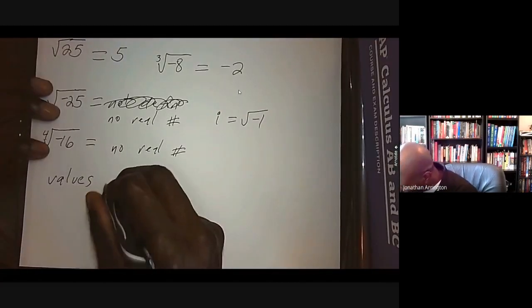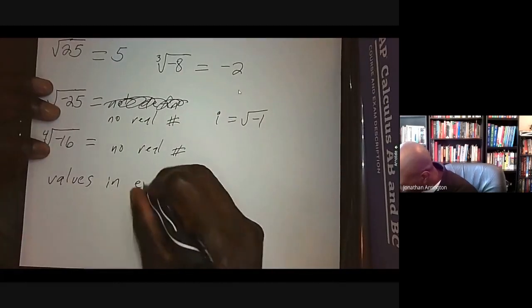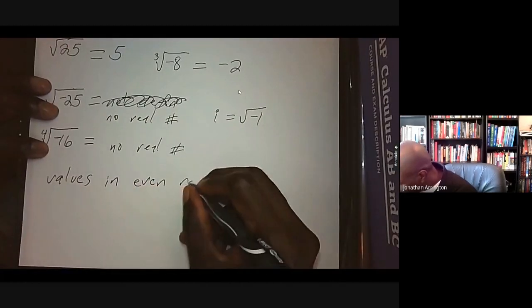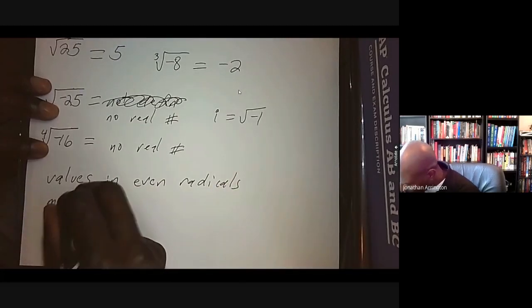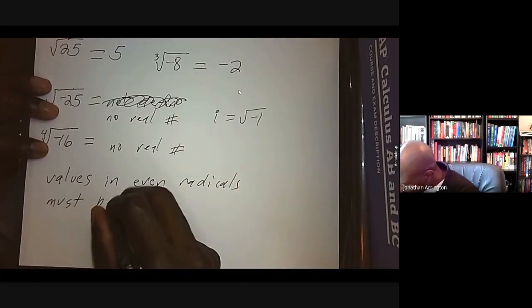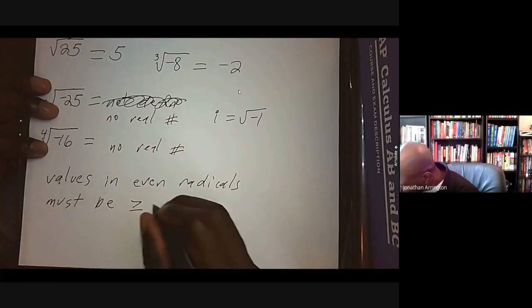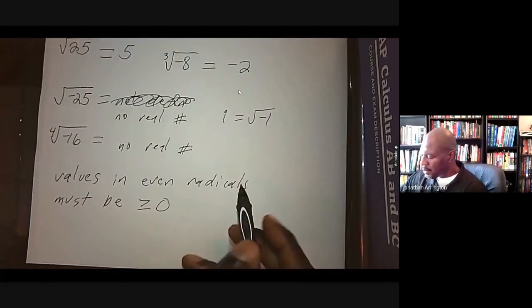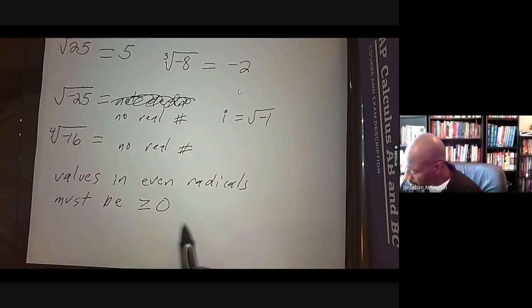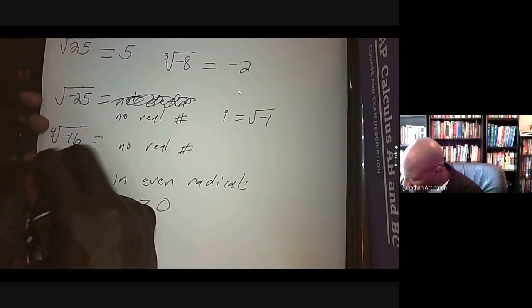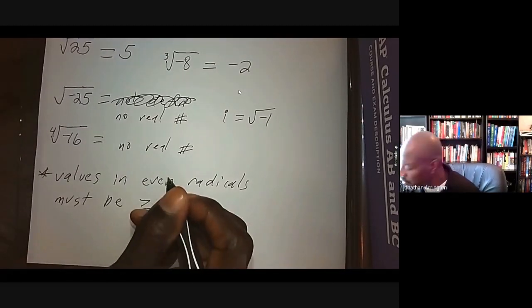So values in even radicals must be greater than or equal to 0. So that's saying they can't be negative. They have to be greater than or equal to 0. That's our second guiding principle for finding the domain of functions.